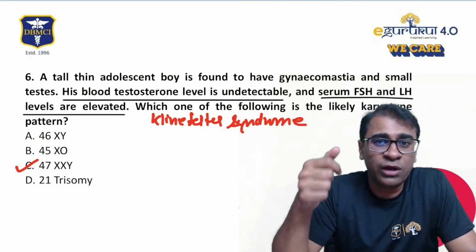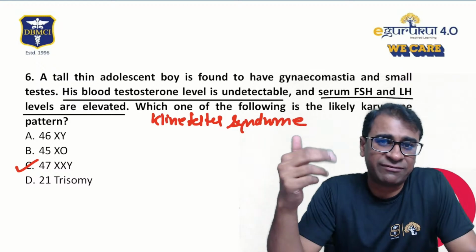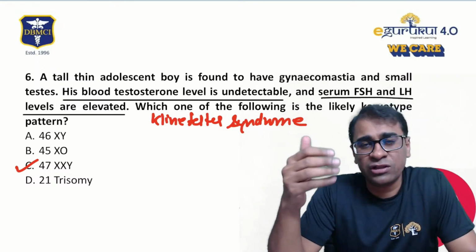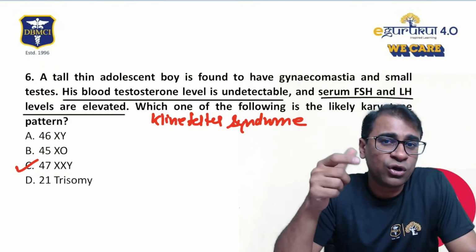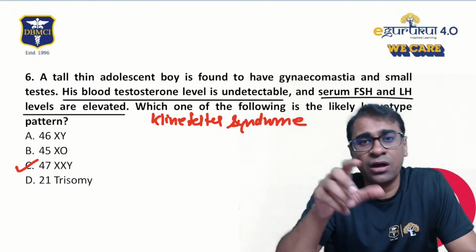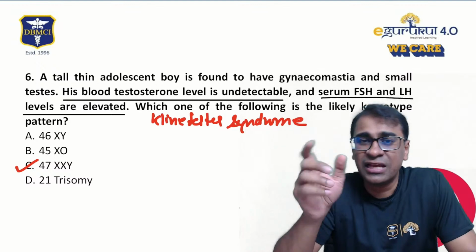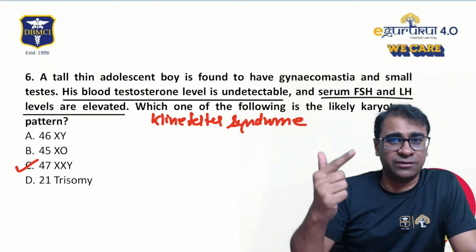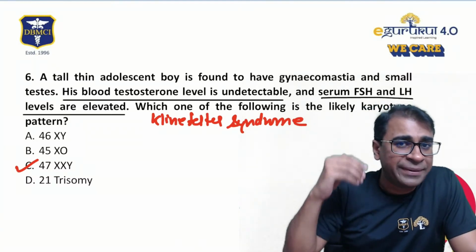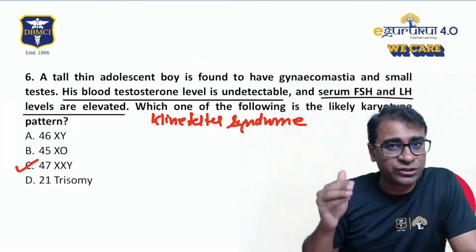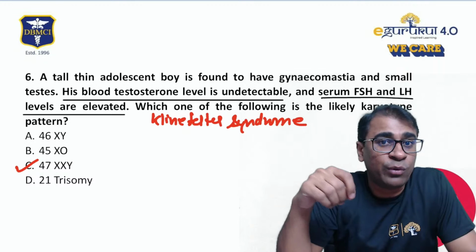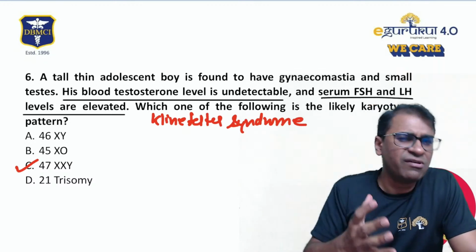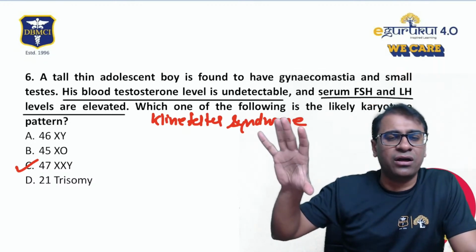They have eunuch-like body proportions with tall stature, with long legs. And remember one very important finding: because of the low testosterone owing to the less development of testis, the LH and FSH keep on increasing. Also remember, if a male has low testosterone compared to estrogen, the estrogen to testosterone ratio is a bit higher and can lead to gynecomastia. This is a simple way how you must remember the findings of Klinefelter syndrome.